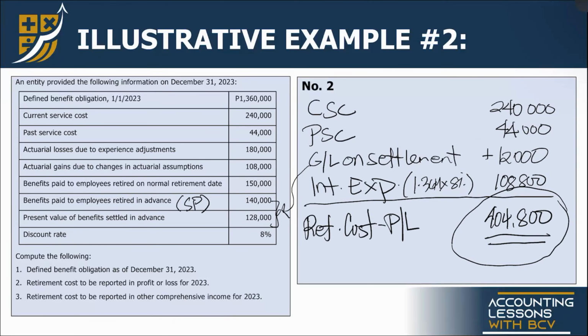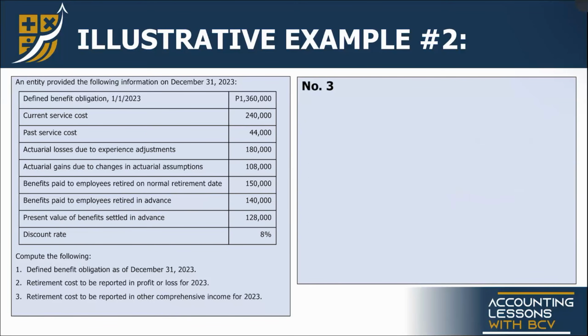And lastly, okay, number 3, OCI naman, retirement cost na i-report sa OCI. Ano nga ulit yon? Those actuarial gains and losses. So meron tayong actuarial loss, meron tayong actuarial gain. Okay. Actuarial loss, 180,000.